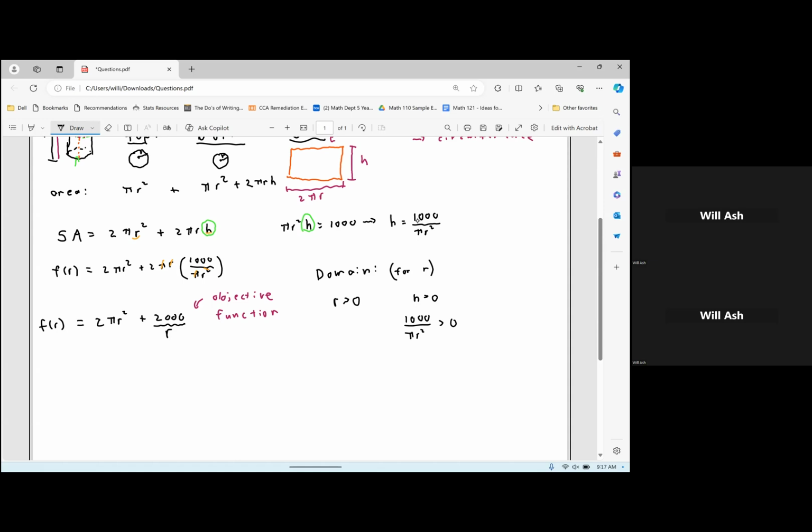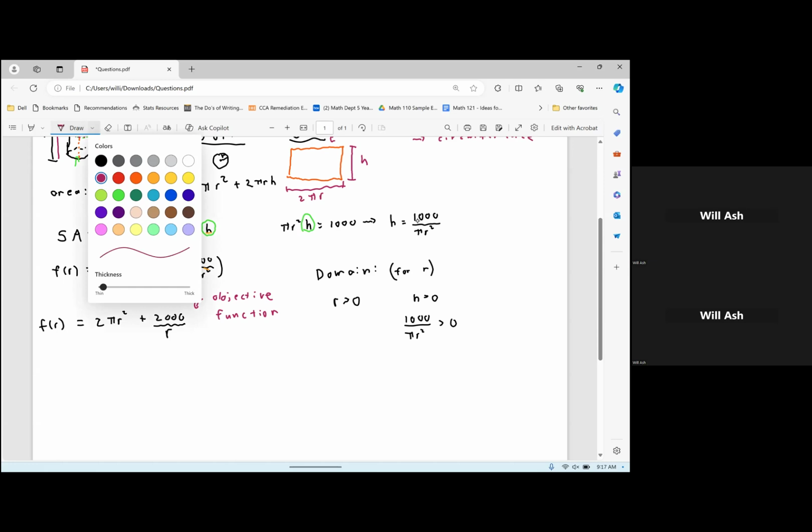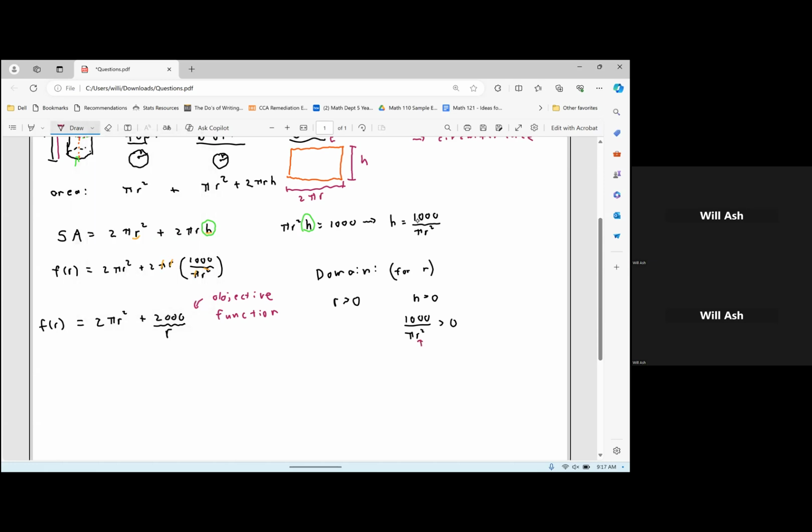And this is just always going to be true, right? No matter how big r gets, we're never going to get a negative value out of this. So as long as r is positive, h will never be negative. And then so there's no upper bound.